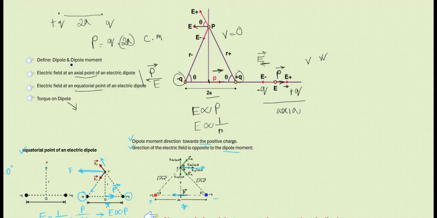And for torque, we know PE. So the unit will be coulomb meter, and electric field is nothing but newton per coulomb. So coulomb cancels out, and the unit of torque will be newton meter. And obviously dipole moment is a vector quantity.